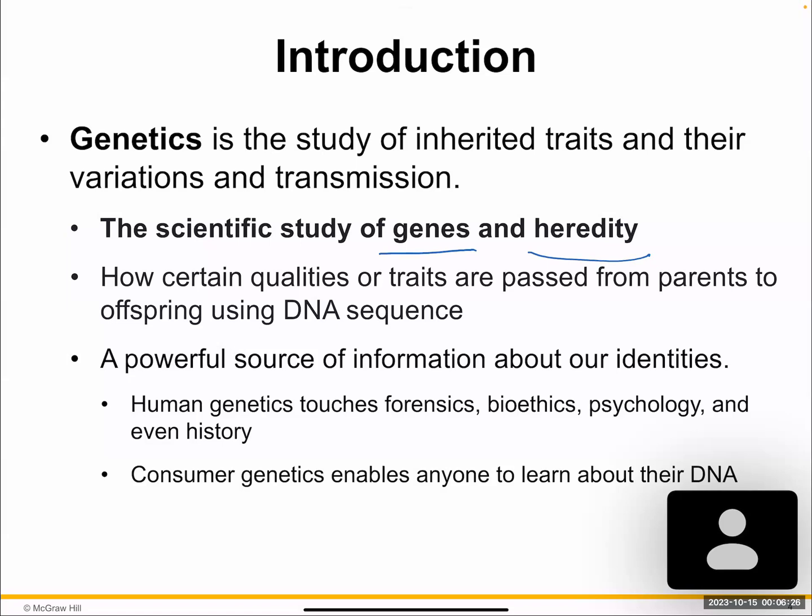It's also a big part of our forensics. It's being used by the police to figure out if a crime has been committed and who actually committed the crime, and if there are any relationships in terms of paternity. There is genetics built into the food that we eat, the animals that we grow, the plants that we grow, etc. So it is a big part of our day-to-day life and the policies that we make.